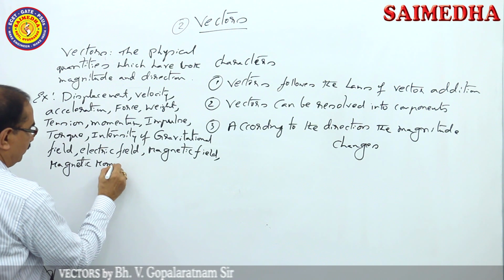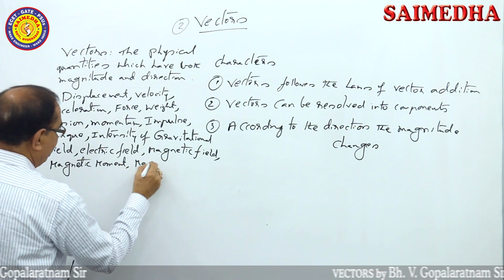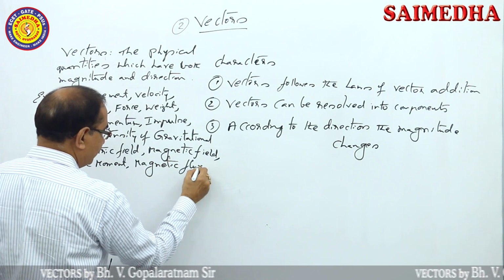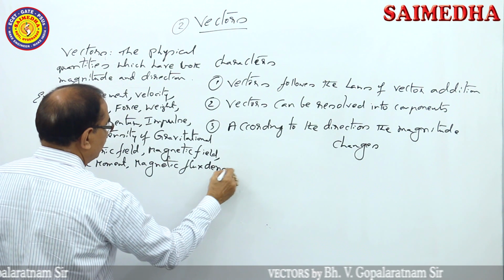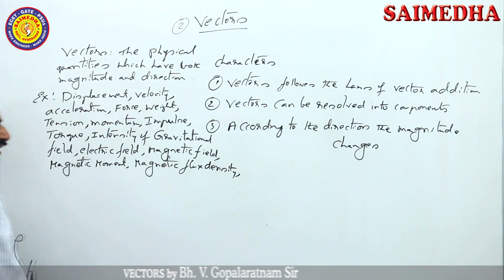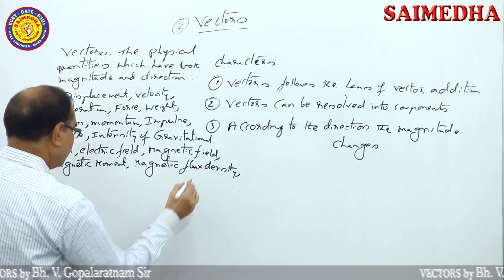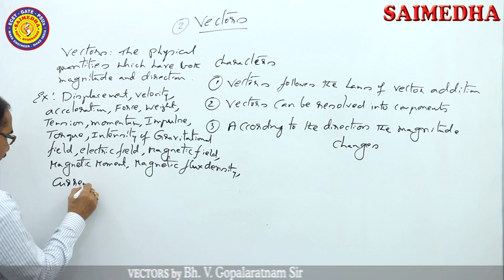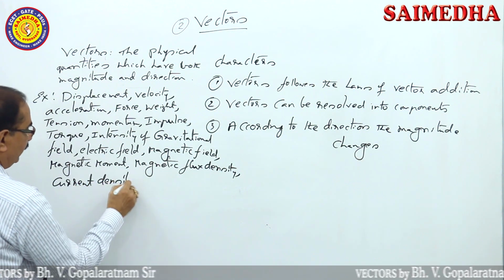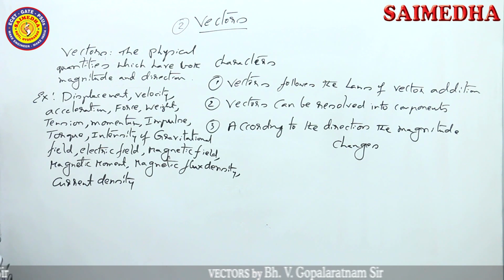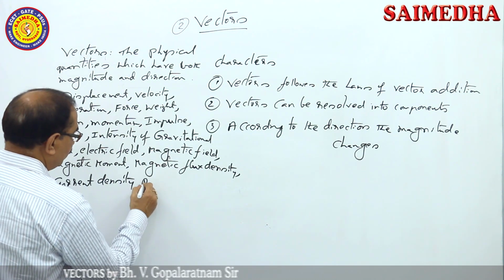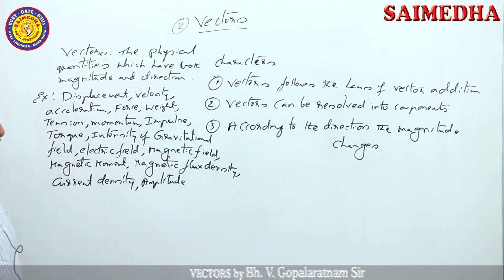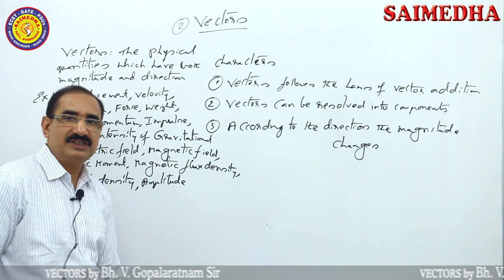Magnetic flux density is a vector. Magnetic induction, nothing but magnetic flux density, is a vector. And current density is a vector. And amplitude is a vector. These are all vectors.